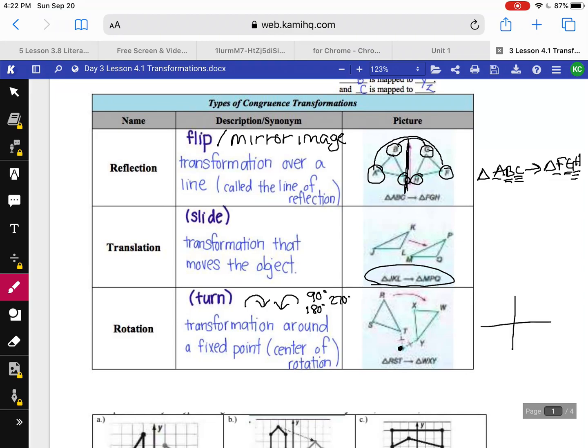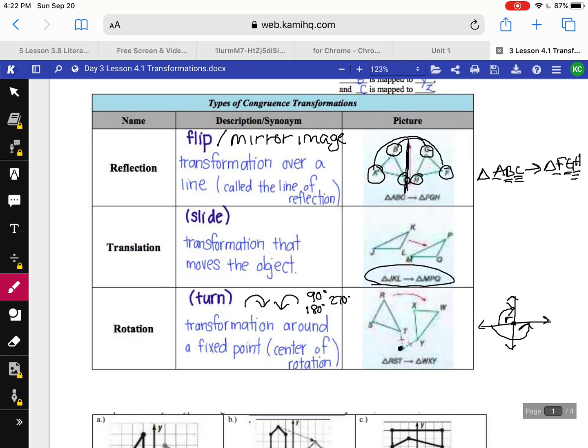Now, as we're looking at that coordinate grid, we can talk about that 90 degree turn because along that point of origin, we see our 4 90 degree angles made out of our axes.